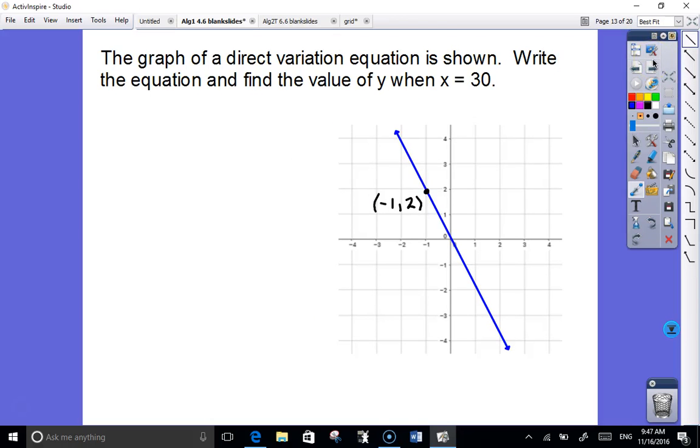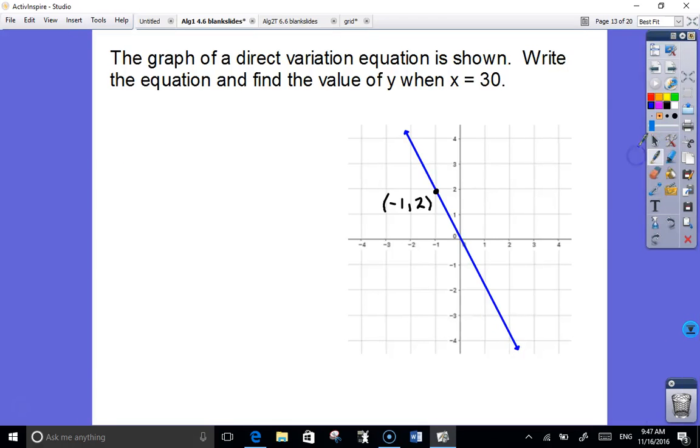Okay. Now, what if in this case they're saying, here's the graph of a direct variation, and we can see it is because it goes through the origin, but they're not giving us the equation. They want us to figure out the equation. Well, let's see. We know that the equation is y equals some kind of a constant times x. Let's call it mx.